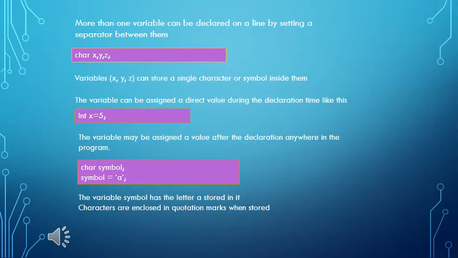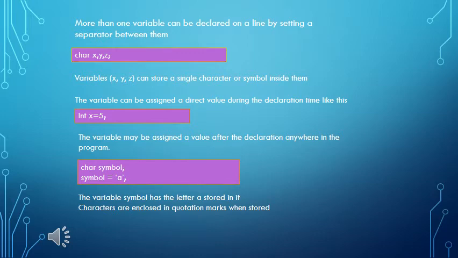More than one variable can be declared on a line by setting a separator between them. Char x, y, z. Variables x, y, z can store a single character or symbol inside them. The variable can be assigned a direct value during the declaration time like this: int x equals 5.